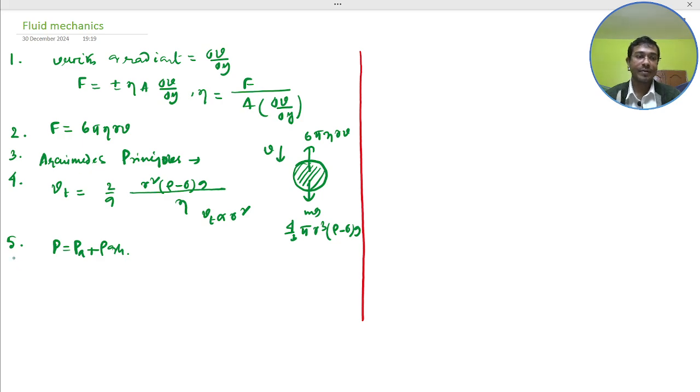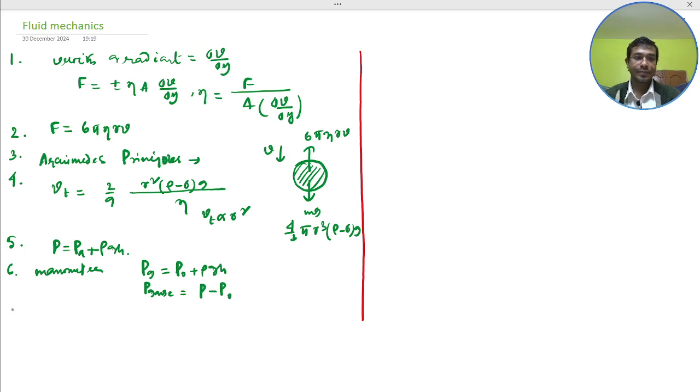Next one, the manometer: the pressure of gas Pg is equal to P naught plus rho gh, and the gauge pressure is equal to actual pressure minus P naught.